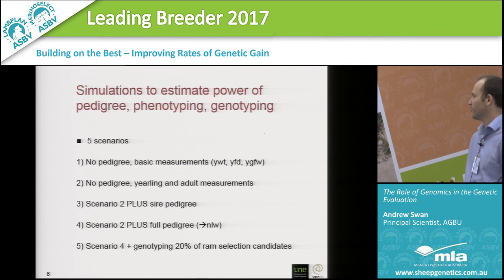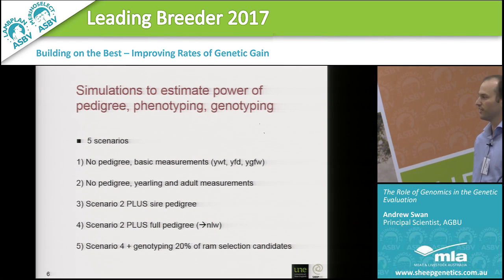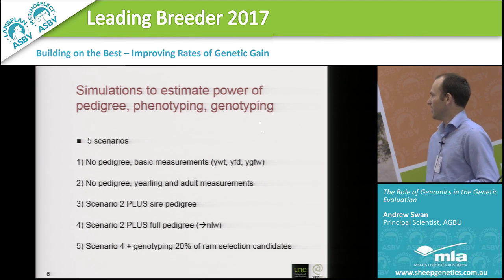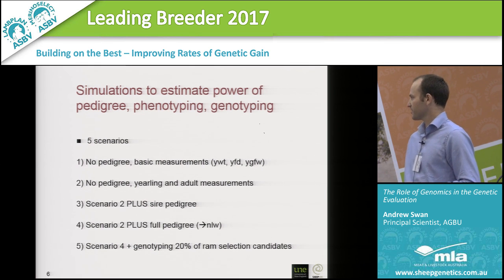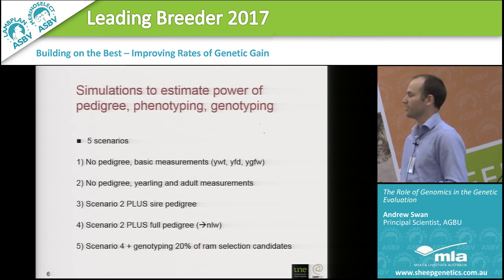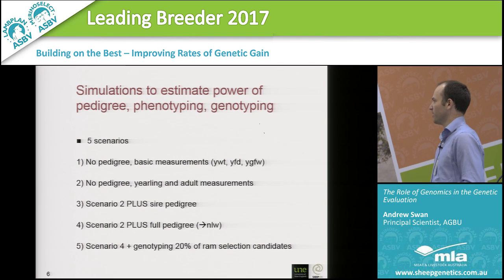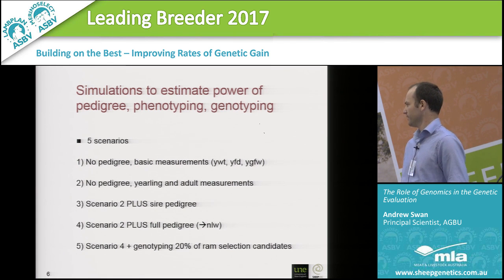So I had 5 scenarios. The first scenario is just some basic measurements, so yearling weight, yearling fibre diameter, yearling greasy fleece weight, without any pedigree. In the second scenario, we added in some adult measurements, but still no pedigree. The third one, we assigned a sire.